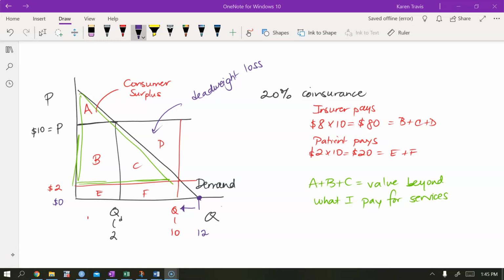So this tool of coinsurance is essentially a tool the insurance company is using to get me to limit my care closer to the amount that I value it, but clearly not completely to that point, or that's the same as having no insurance.